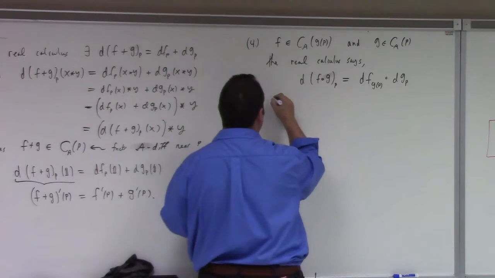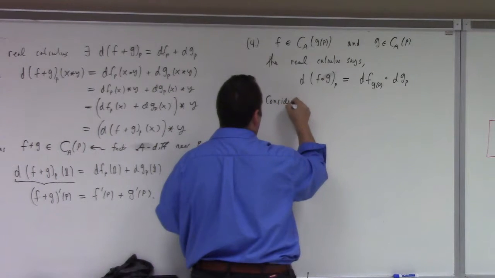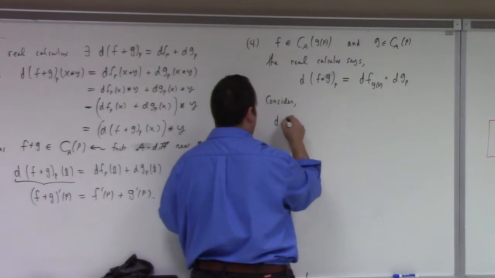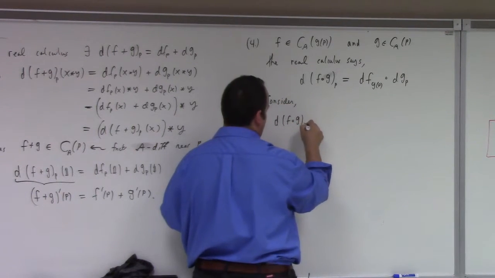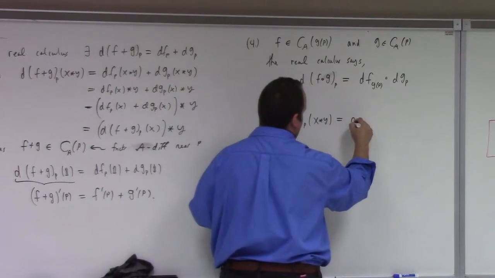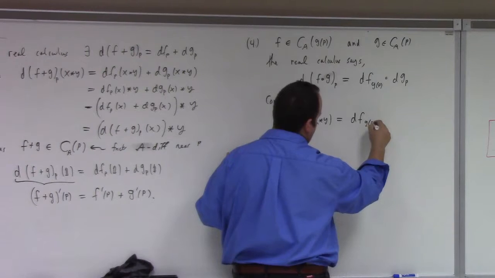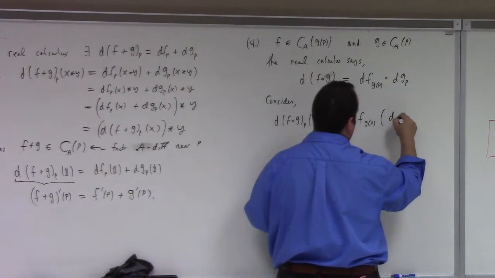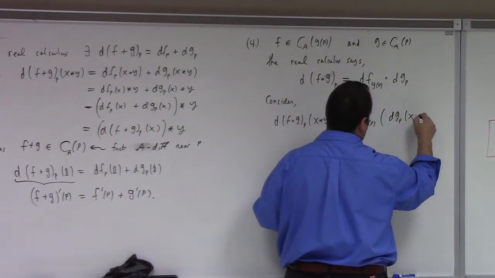So consider, if we take the differential of the composite at P and we feed it x times y, what happens? Well, that's dF at G of P of dGP of x times y.